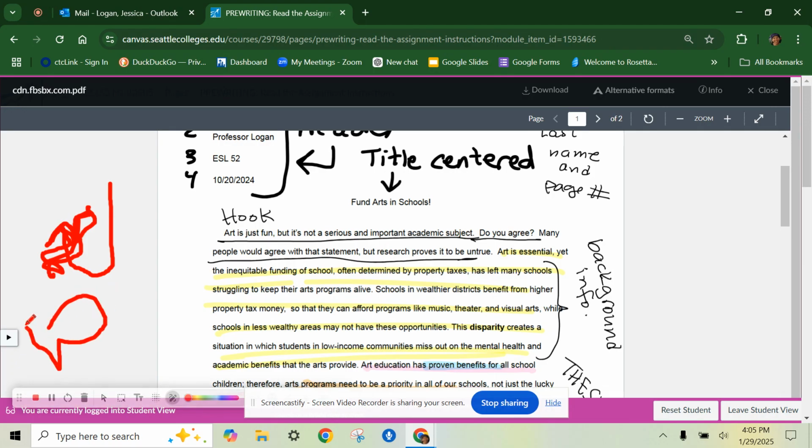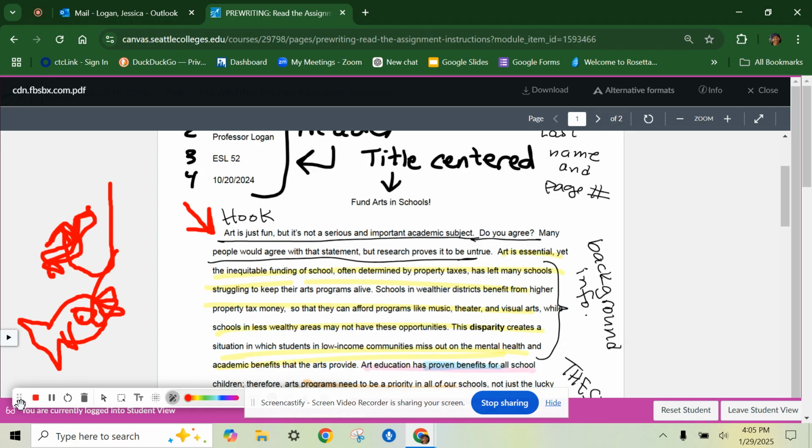And as the fish swims by, the fish will be attracted to or notice the hook, and the fish will then bite the hook and become attached. So in the same way, you're trying to catch the reader's attention with your hook.